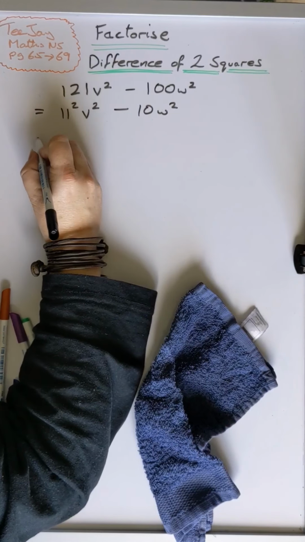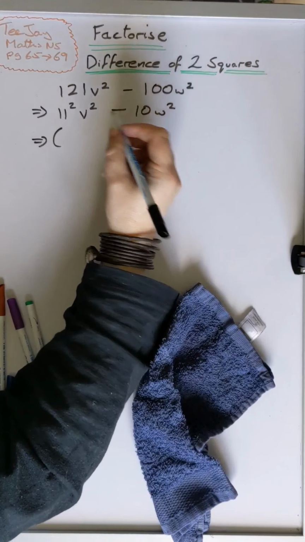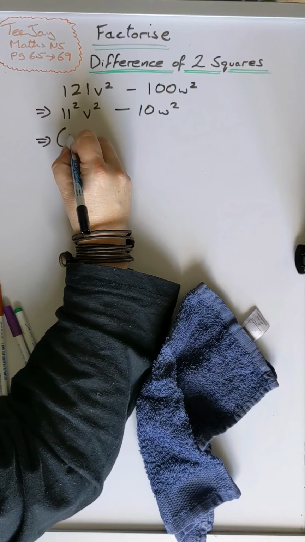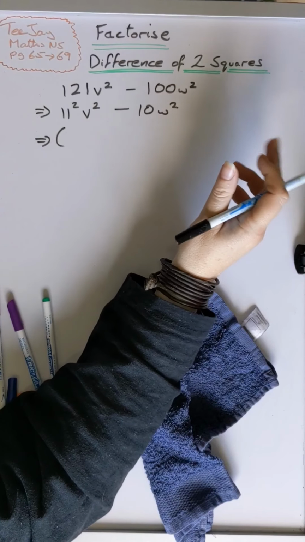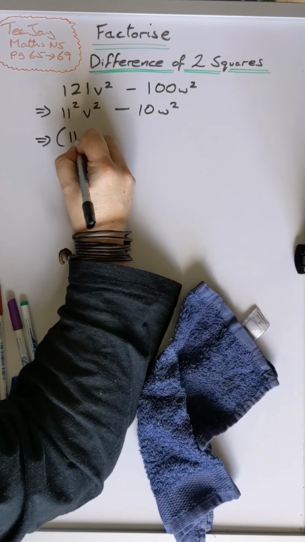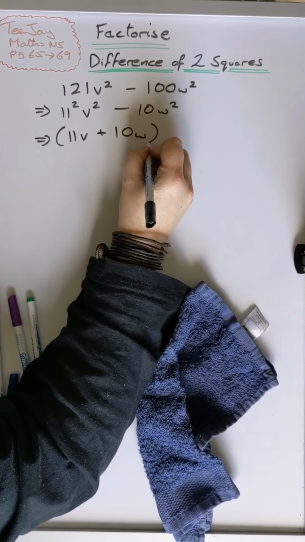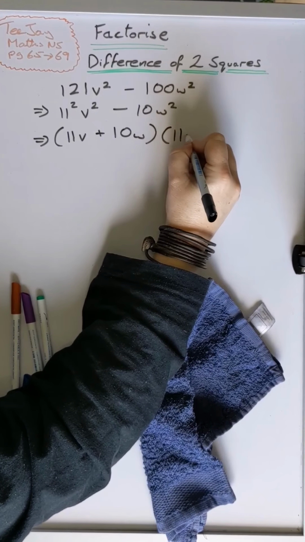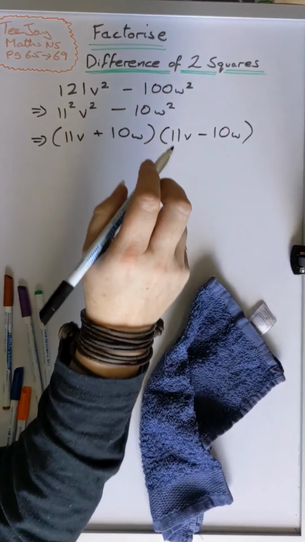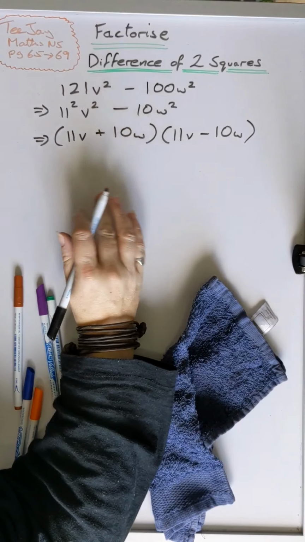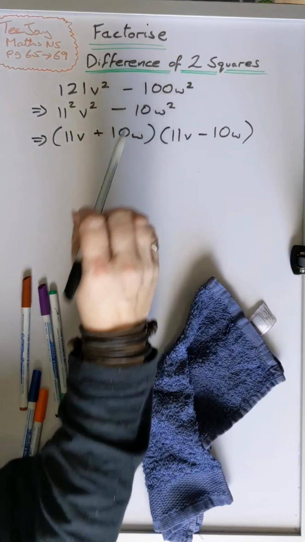So what that gives us, if we remember our method here, is our numbers without the squares in two brackets, one positive, one negative. So we've got 11v plus 10w and 11v minus 10w. If you don't believe me, have a go at multiplying that back out. You'll get back to this.